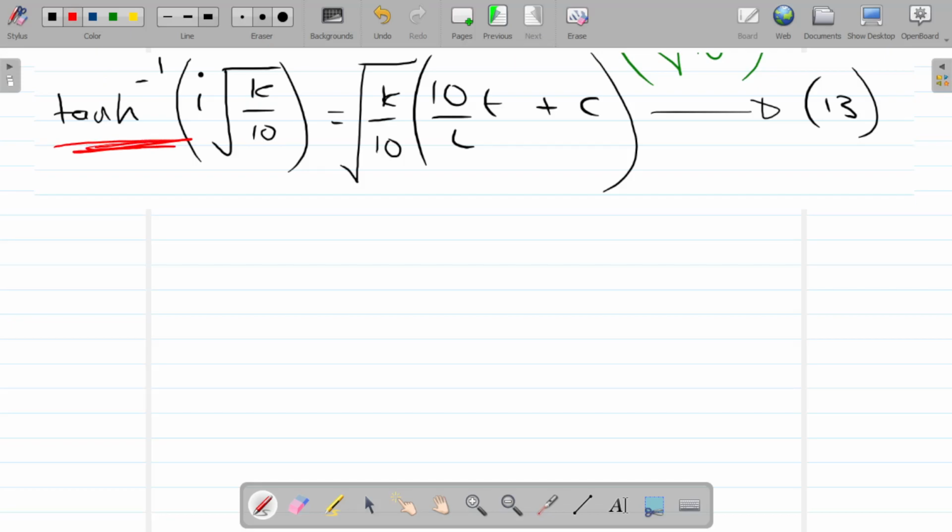So we want to get rid of that and just leave the bit in brackets on the left-hand side. So what do we do? Well, we take the hyperbolic tangent of both sides of equation 13.